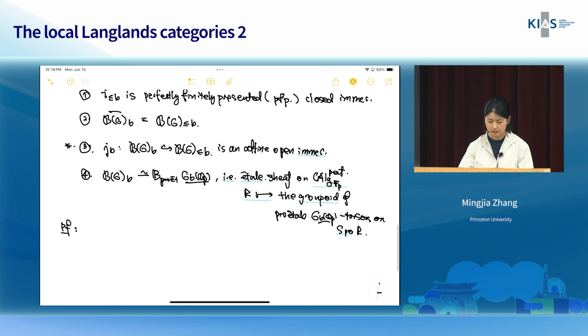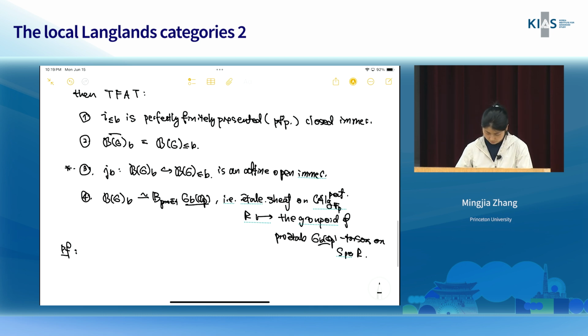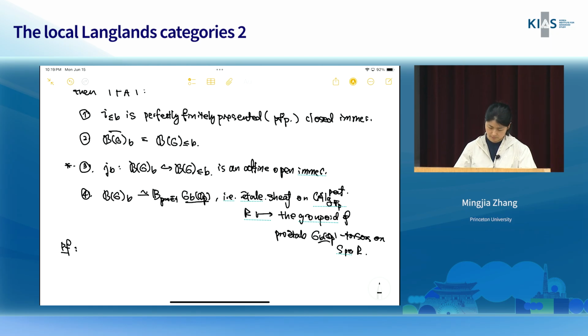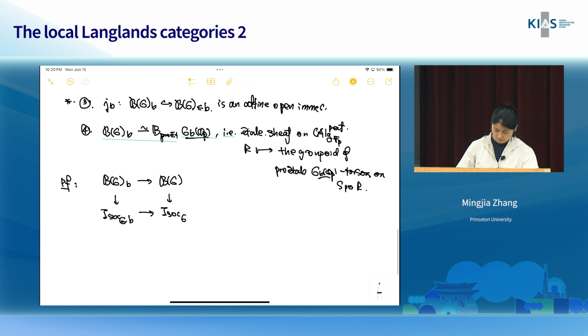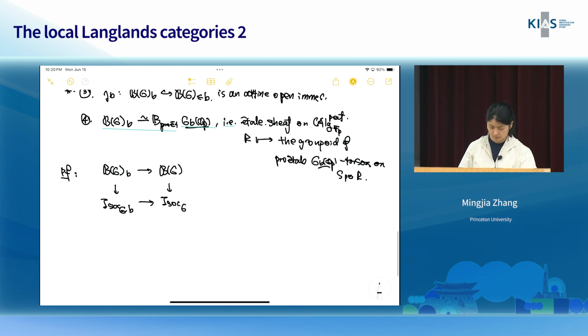Okay, the proof basically follows from results on the generization of isocrystals in families. Although BG, as I said, is not completely the same as the moduli stack of isocrystals, you notice that if you look at the actual stack of G-isocrystals, it receives a map from BG by just forgetting the condition that this E can be étale locally trivialized over R. And then this Newton stratification is, of course, already defined on Isoc.